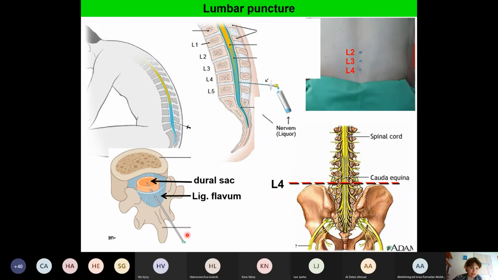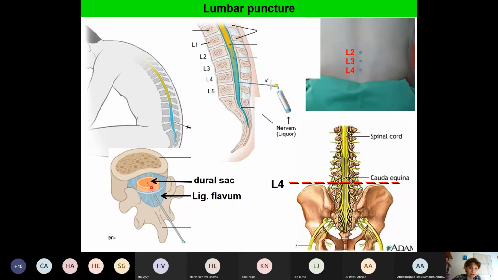And you can see that here we have to pierce at first the ligamenta flava, which are between the vertebral arches, and the patient must bend forward a little bit so that the spinous processes will be moved away from each other.